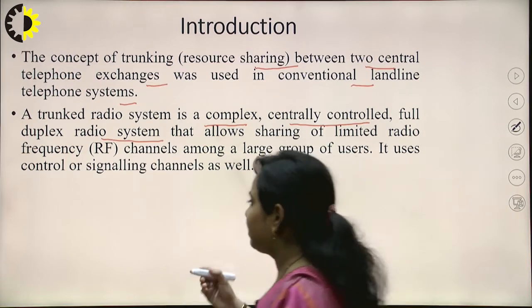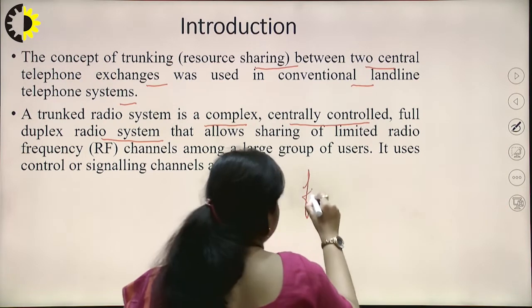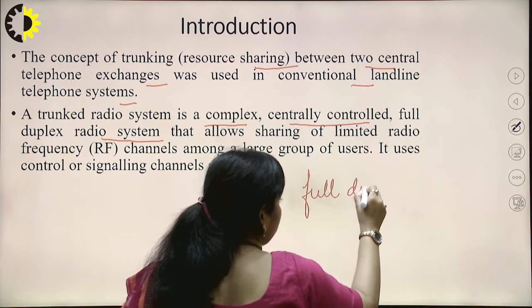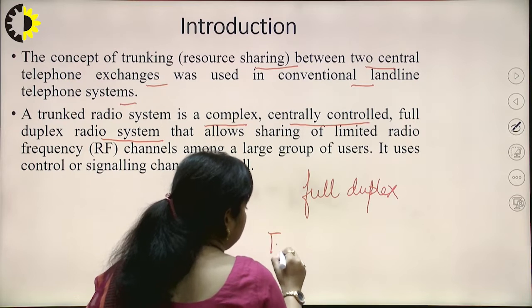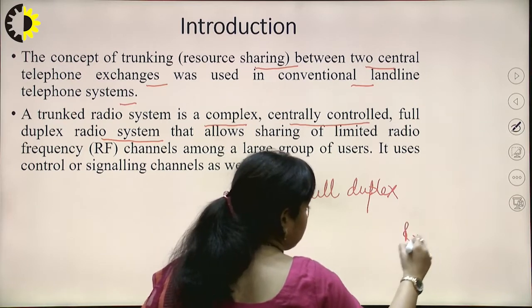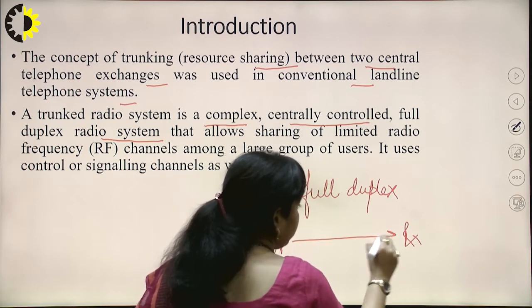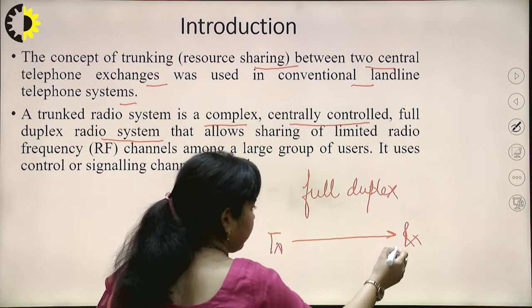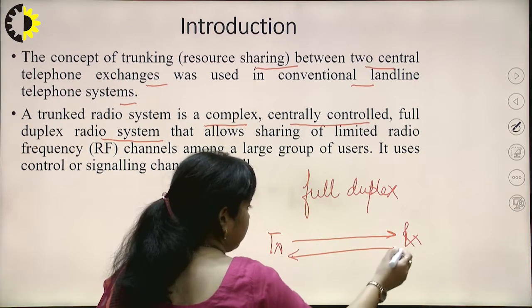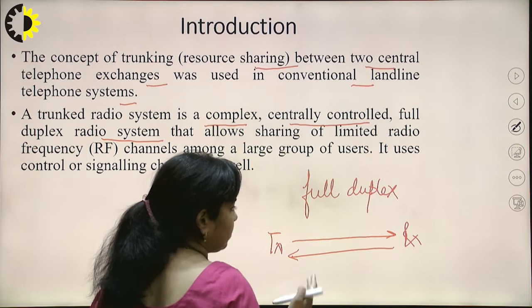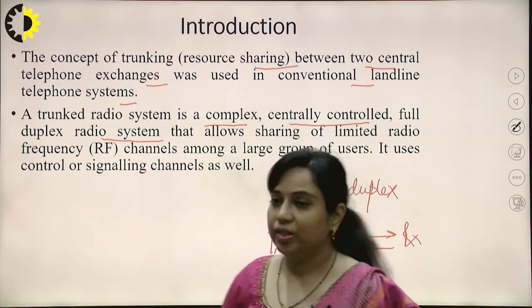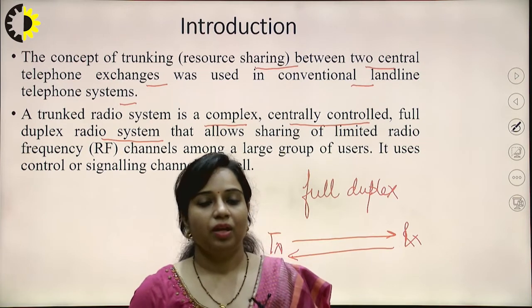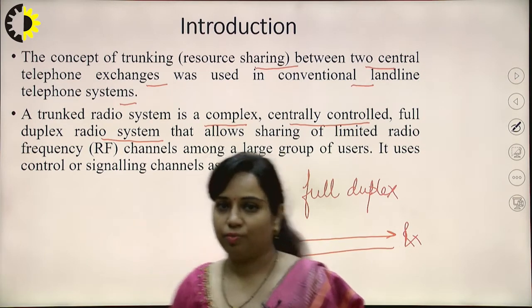In mobile communication we use the full duplex concept. What is full duplex? There is a transmitter and a receiver. It transmits information in one direction and receives information in the other direction. This is full duplex communication, which is majorly used in our mobile communication system.